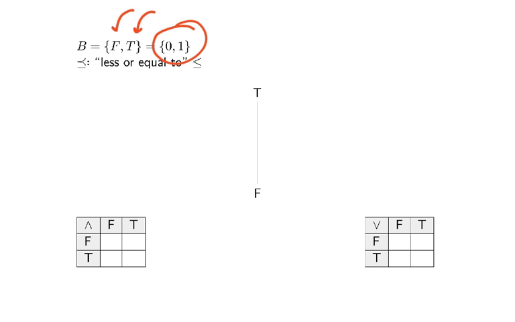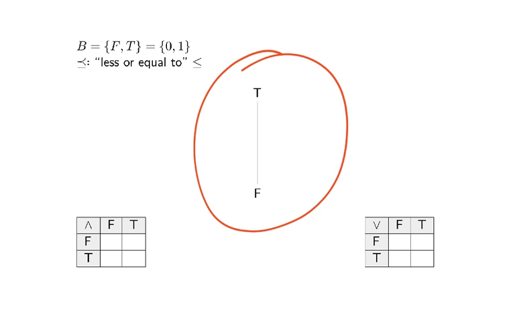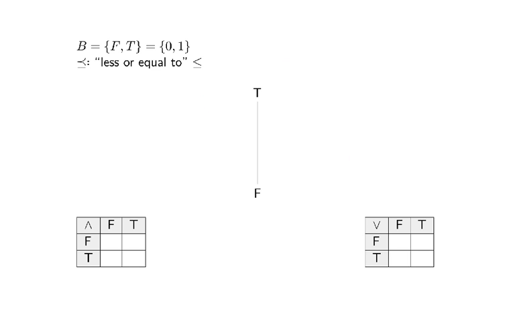If I call them 0 and 1, then I have an easy way to define this relation of order. I'm going to define this relation of order as less or equal to. As these are numbers, it makes sense to say less or equal. So I can say that f is less or equal than t, because f is 0 and t is 1. In that way, I can draw my Hasse diagram where I put f in the lower part because it's less or equal than t.